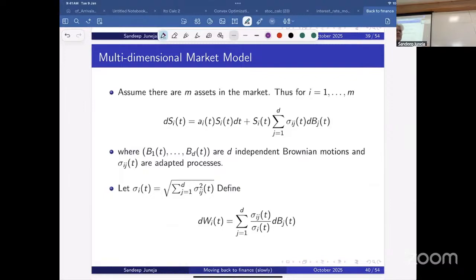Is this coming from the convenience? Convenience, yes. Let me repeat what I've said a few times. We want to price an option. The price of an option is the price of a replicating portfolio. Now, what is the value of a replicating portfolio?